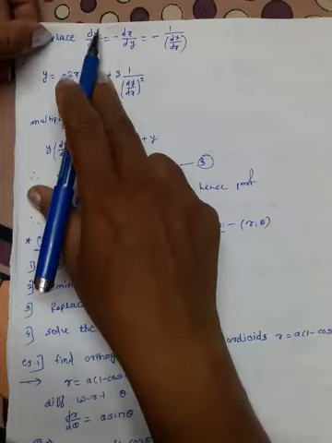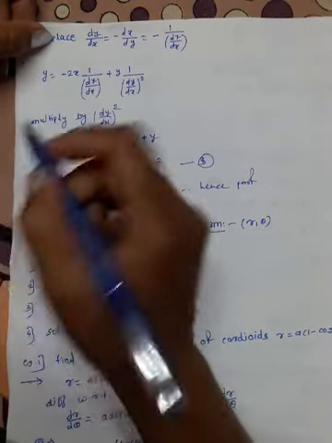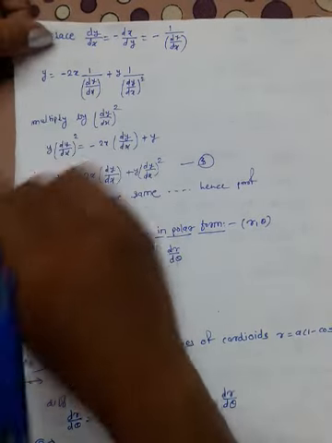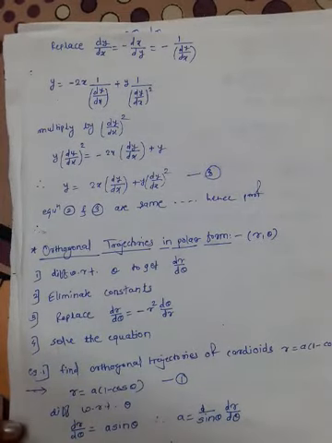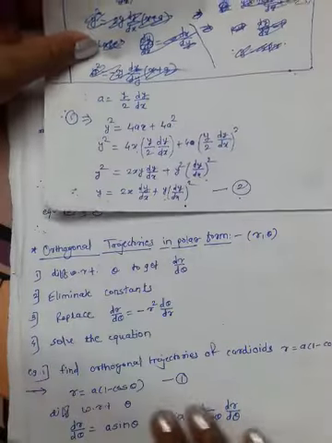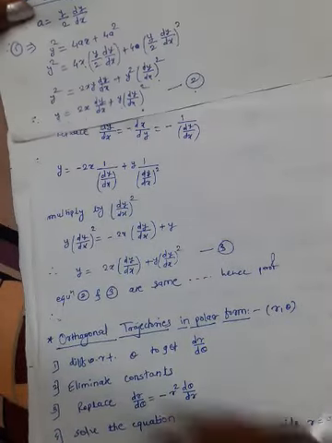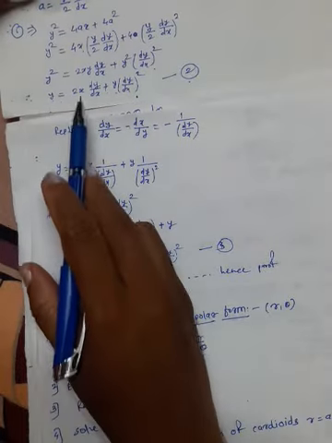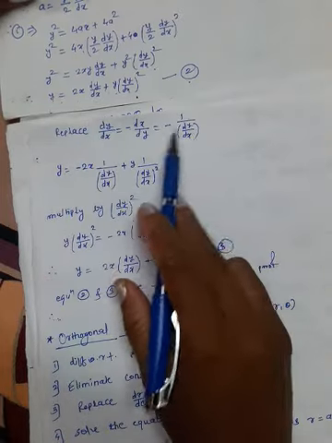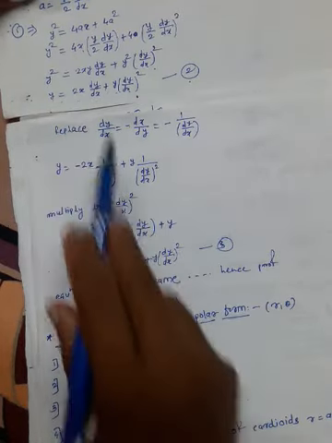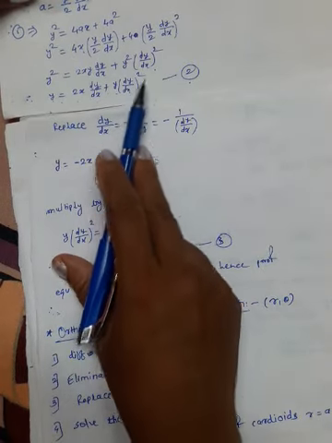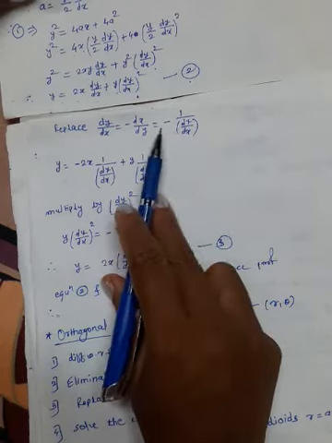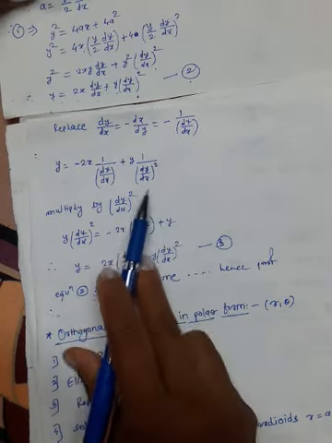Now put this value of dy by dx here in this earlier equation. We get y is equal to, minus dy by dx replaced by minus 1 upon dy by dx. It becomes minus 2x 1 upon dy by dx plus y into 1 upon dy by dx bracket square. Its square, minus square is plus.